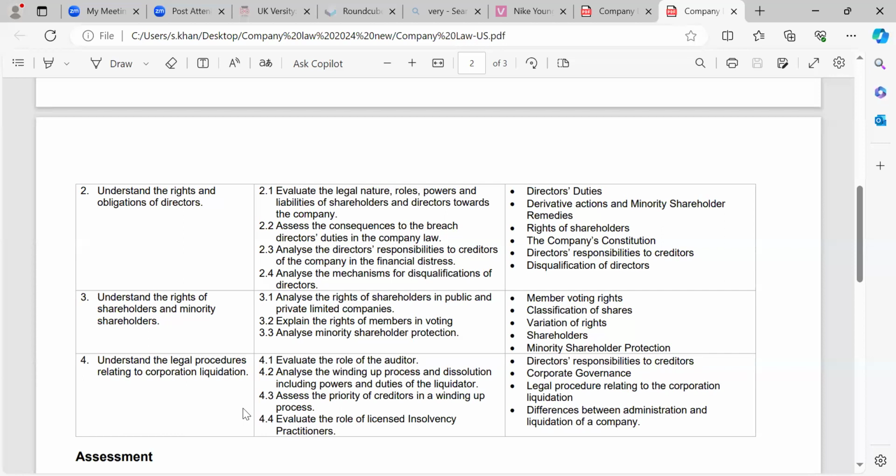We then went on to look at the rights of shareholders in private limited companies. Again, we looked at the transfer restrictions, where shareholders in private limited companies may face restrictions on the transfer of their shares. We looked at limited liquidity, where the shares in private limited companies are less liquid compared to those in public limited companies.